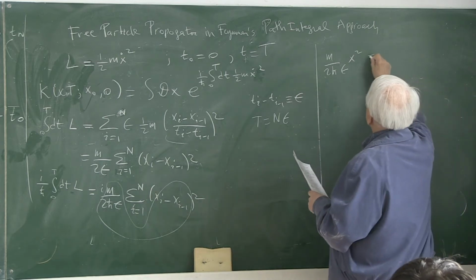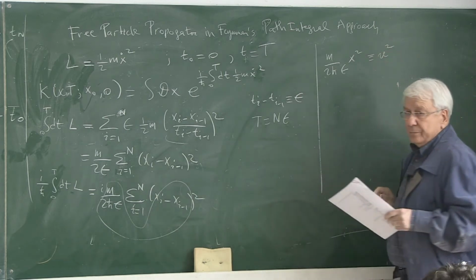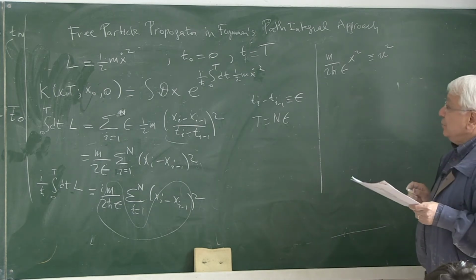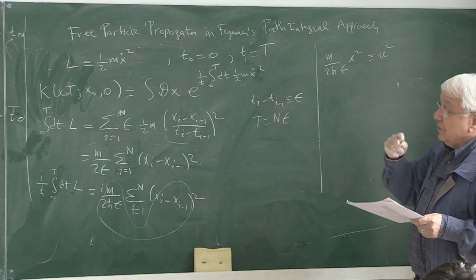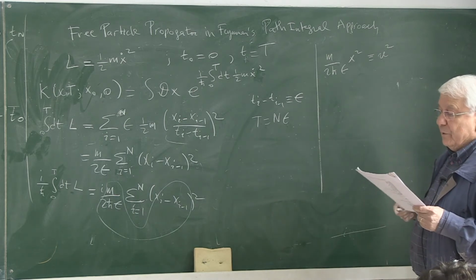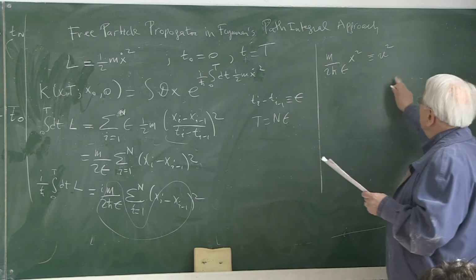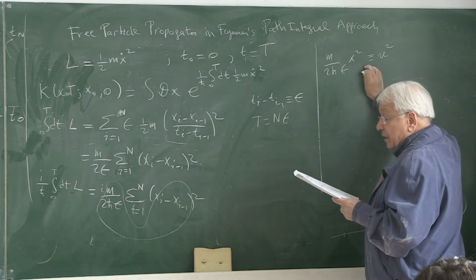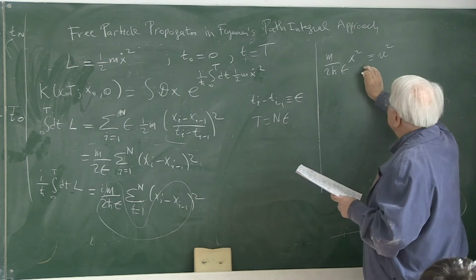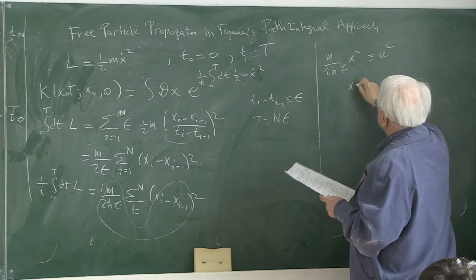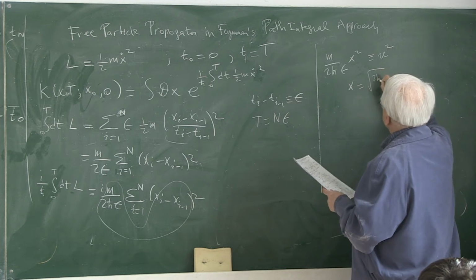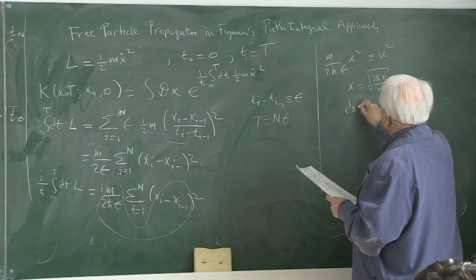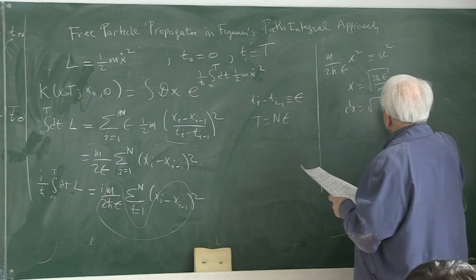I define that as a new variable, u squared. Okay, so how about the measures? Because I have to work the integral measure a little bit, perhaps, at that point. But as a preparation towards that end, let me write this as x is the square root of 2 h bar epsilon divided by m times u, or dx is this factor times du.